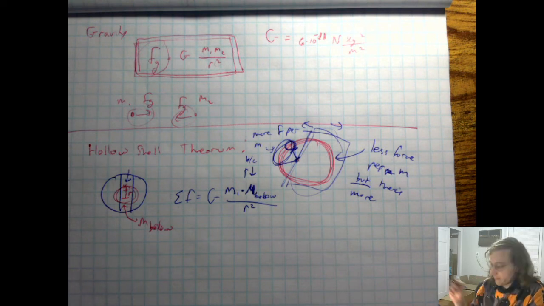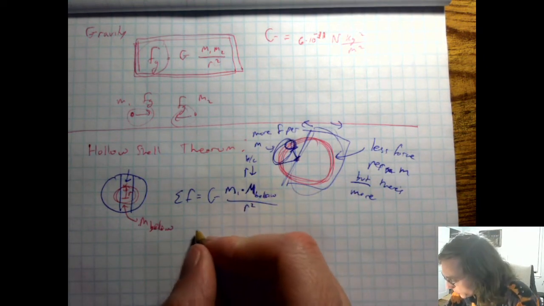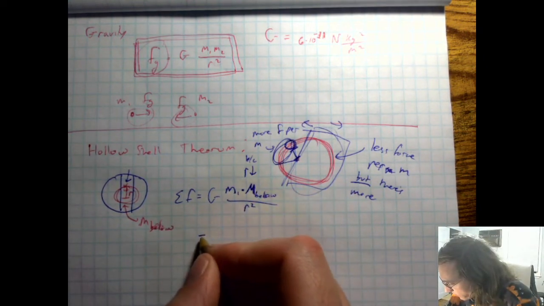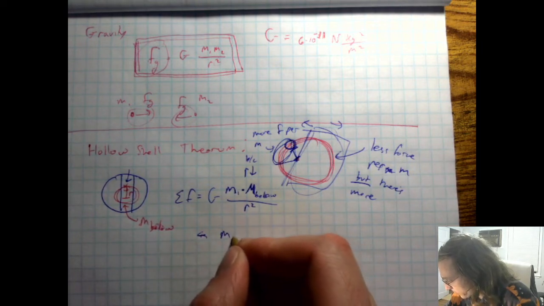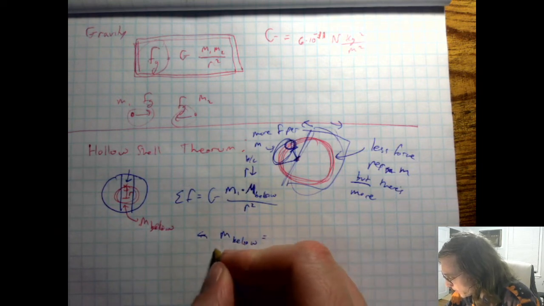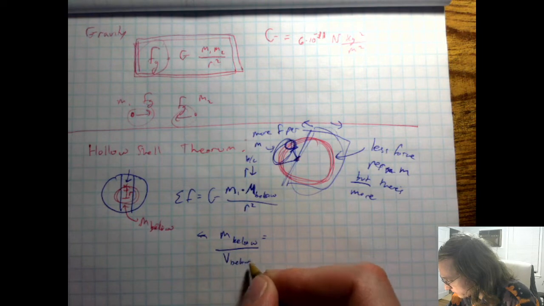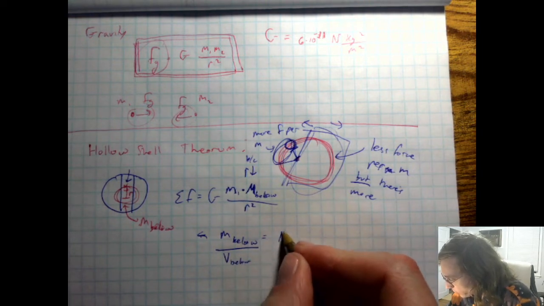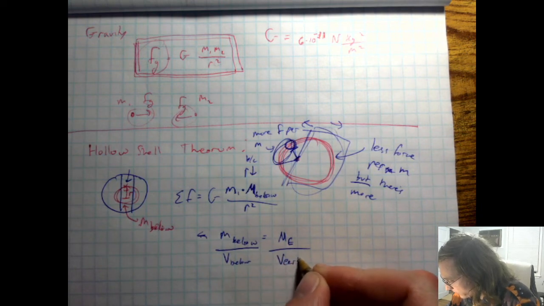So to do that, what we can do is say that our mass that's enclosed, if we have a uniform mass density, divided by the volume that's below us, will need to equal the total mass of the Earth divided by the total volume of the Earth.